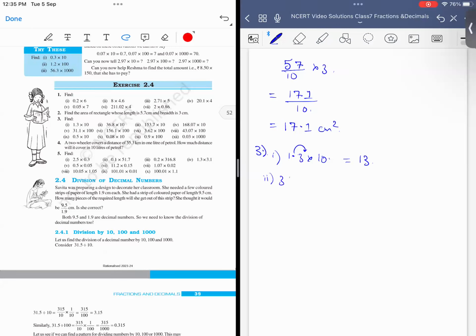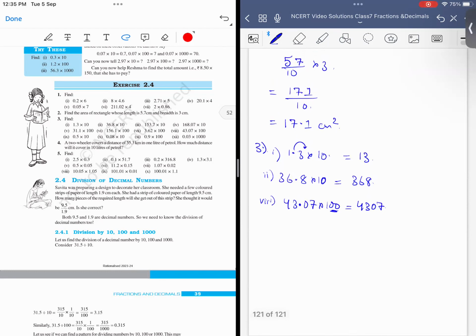Likewise, 36.8 into 10, the decimal will shift one place towards the right, that is 368. Likewise, we can do the rest. So talking of question number 8, 43.07 into 100. The decimal will shift two places because it is 100. So it will become 4307. So likewise, we can do the rest.